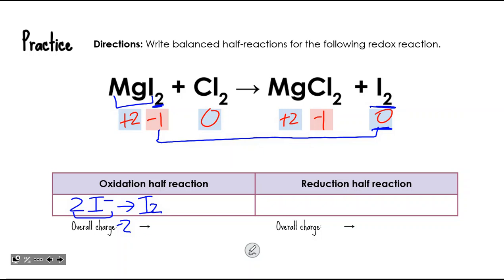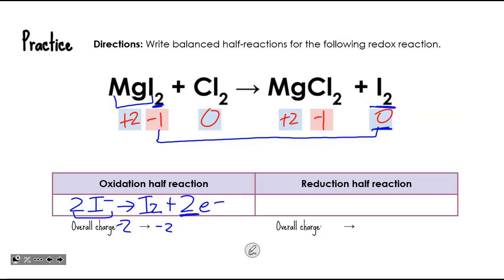Oxidation, they're always part of the what? Product, very good. So we're going to put the electrons over here. How many of them do we need to make it balance out to being a -2 charge? We need 2. So we put a 2 there. Now the charges are equal.